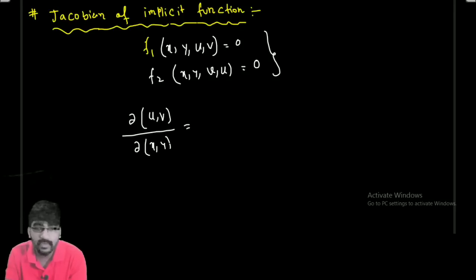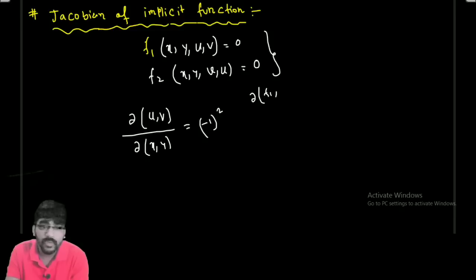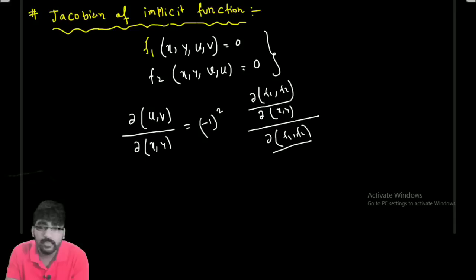So ∂(u,v)/∂(x,y) is nothing but (-1)² times ∂(f1,f2)/∂(x,y) divided by ∂(f1,f2)/∂(u,v).